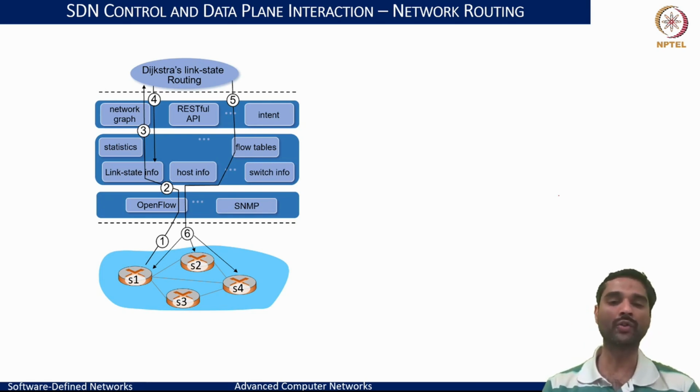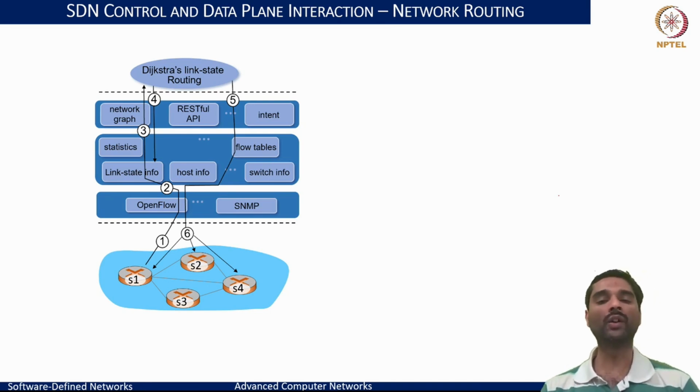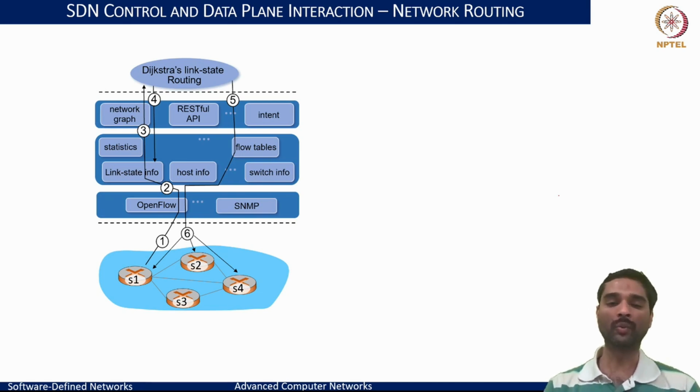So S1, S2, S3, S4 would share their link state information just with the controller, and the controller would be able to build the network graph and know the topology without any flooding. Once the topology is built, Dijkstra's link state routing algorithm can be used to update the routing tables at each of these routers.